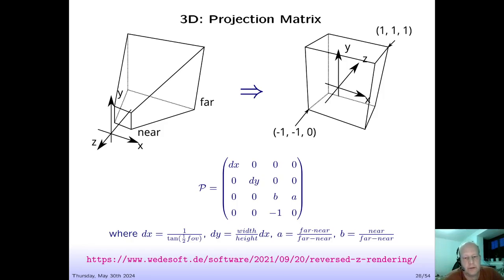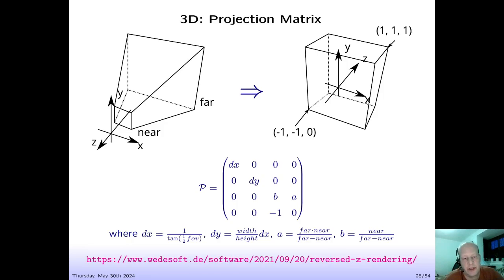So this is a projection, the frustum. That's basically the viewing pyramid. You can find the details on how this projection matrix is derived on my webpage. The link is at the bottom.